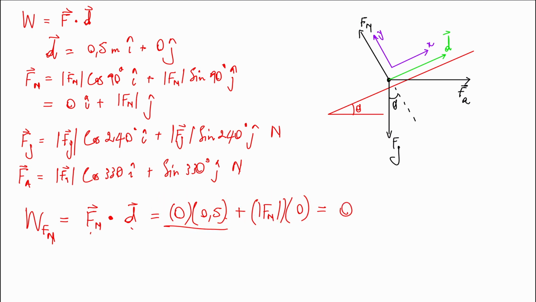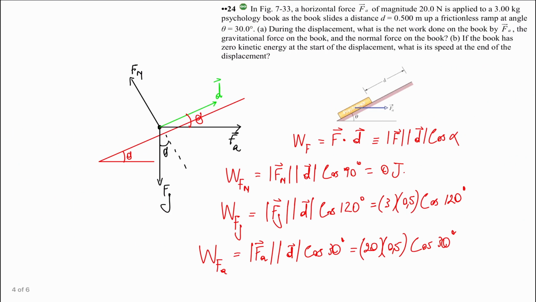That means the work done by the normal force is going to be 0 joules. But notice, we proved this way earlier. This was true for the normal force when we used this approach. So do you see that these two methods are equivalent?